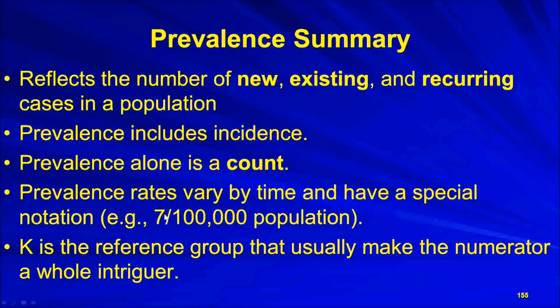We don't want 7.2 per 100,000 because generally we don't have 7.2 people running around. We have 7 people or 8 people or 6 people, but we don't have fractions of people running around. You've never seen fractions of people.